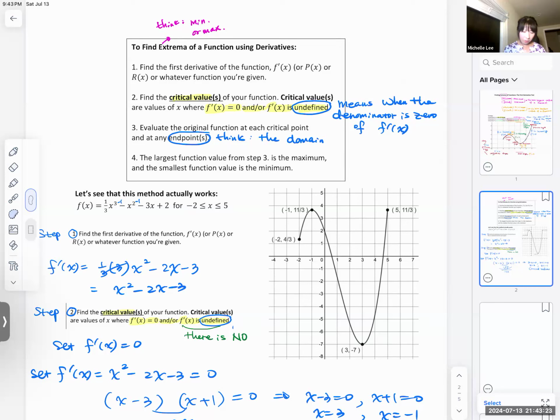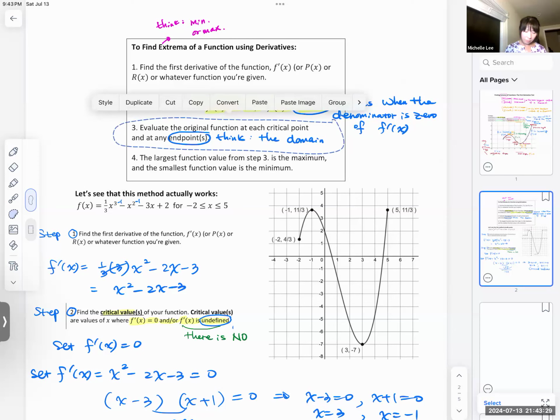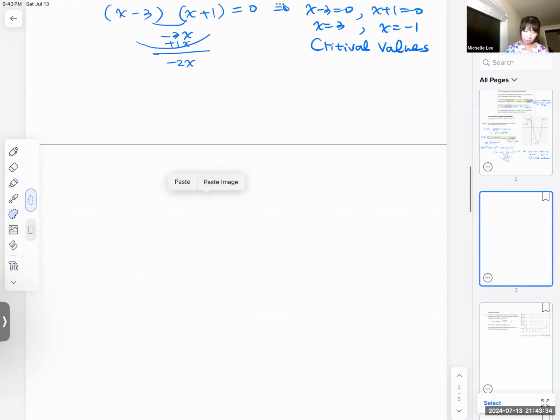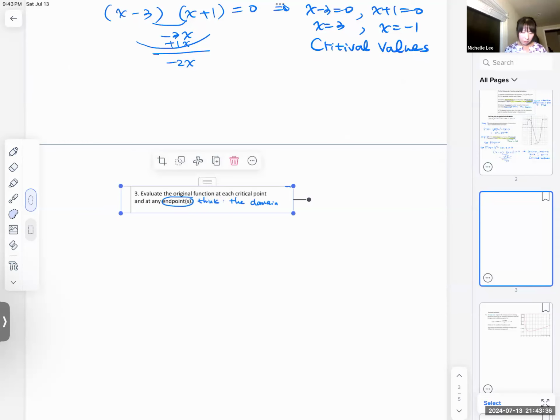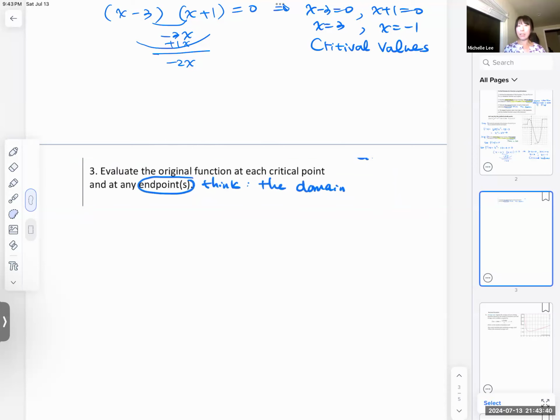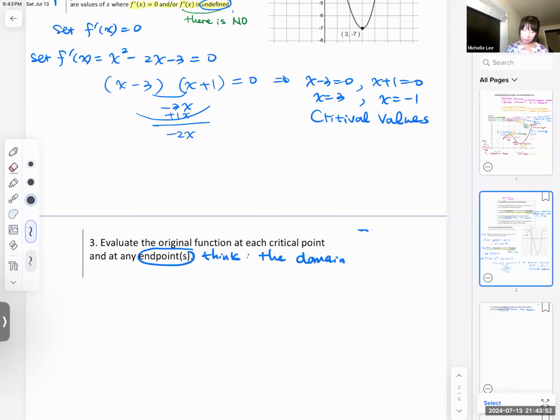Step 3, right? We need to evaluate the original function at each critical point and at any endpoints. So let's take a look.